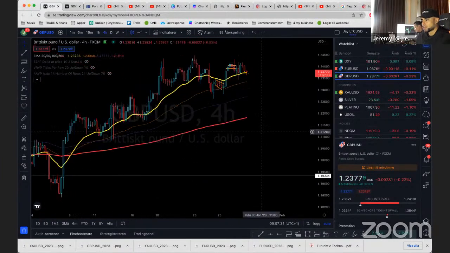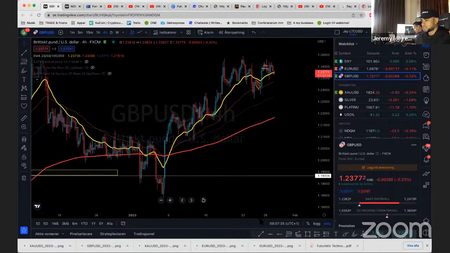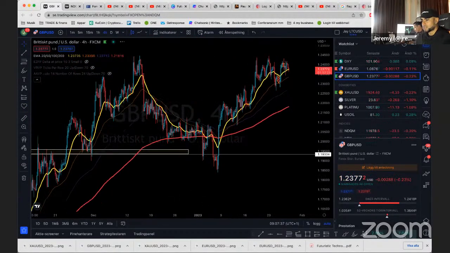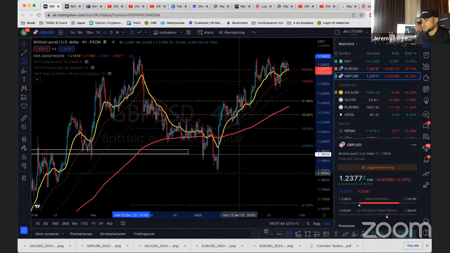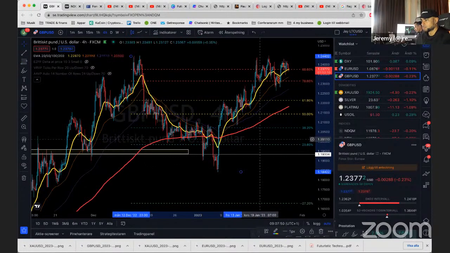We're going to the 4-hourly time frame. And let's look at this swing first. We've got this swing here, from this top to this bottom.